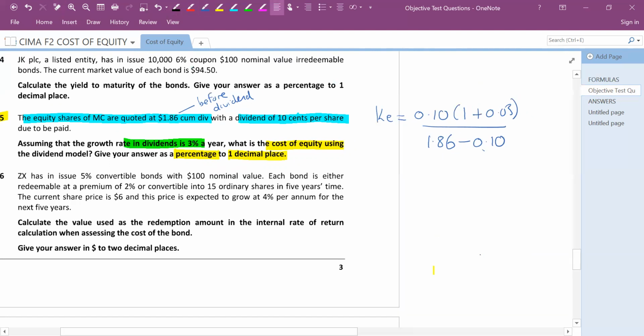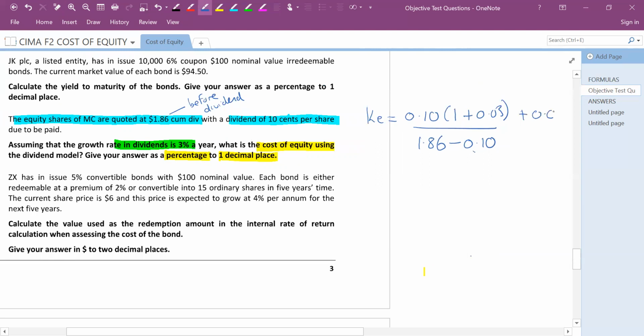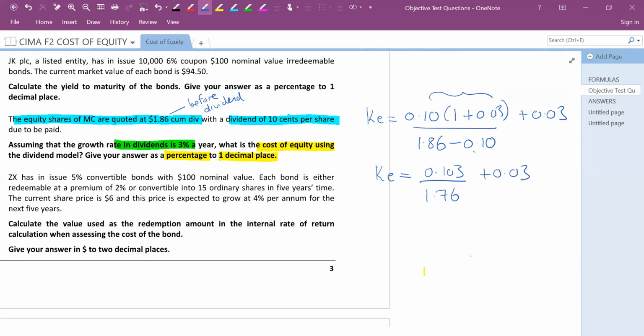And don't forget, we need to add in the rate of growth here as well. So KE equals, if you multiply the top part of that, 0.103 over 1.76 plus 0.03. And of course, whatever comes out in your calculator, you have to express that as a percentage.